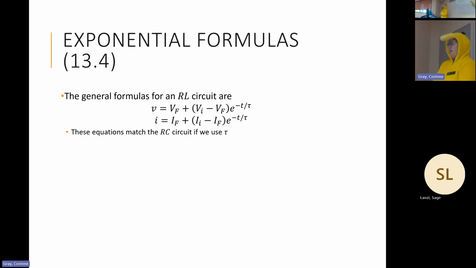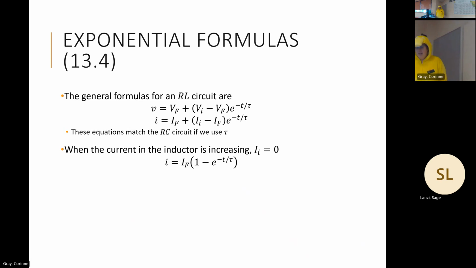For this one here, we want to go through and do a similar analysis of thinking about when we're changing, but here we're going to look at the changing current. How does it look for increasing and for decreasing current? It is going to be given where the initial current value is equal to 0.